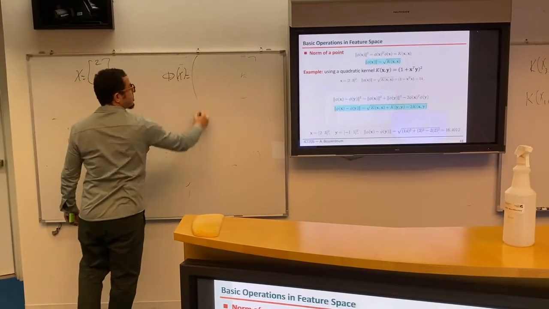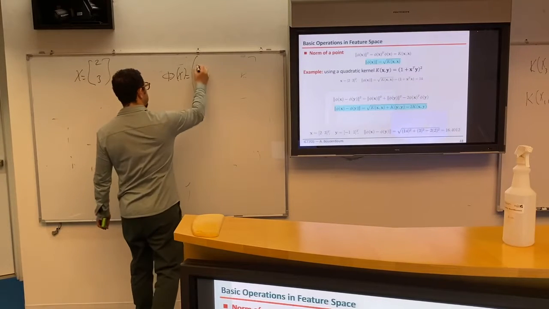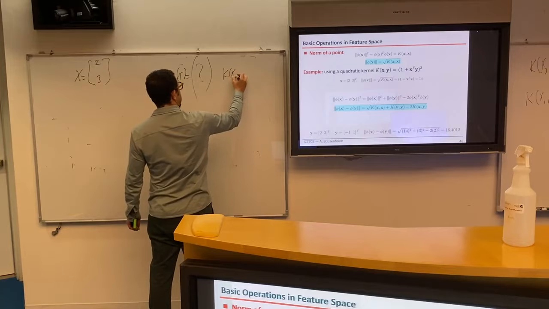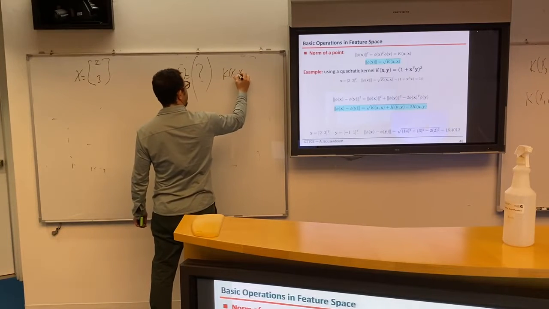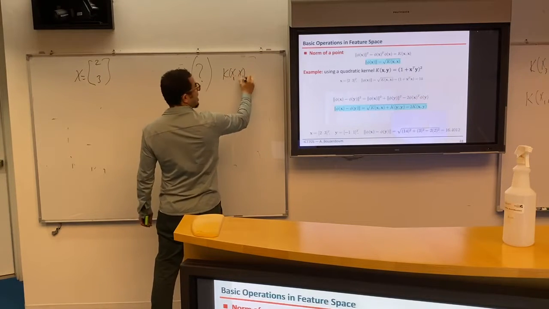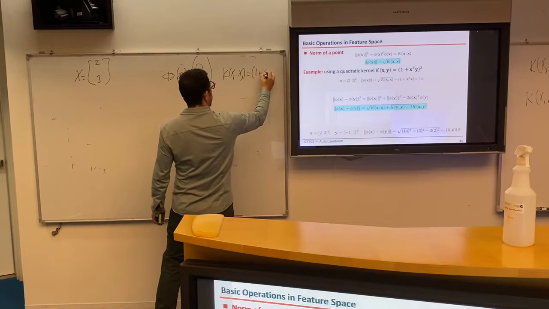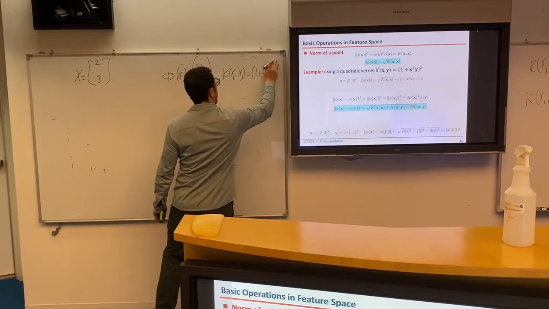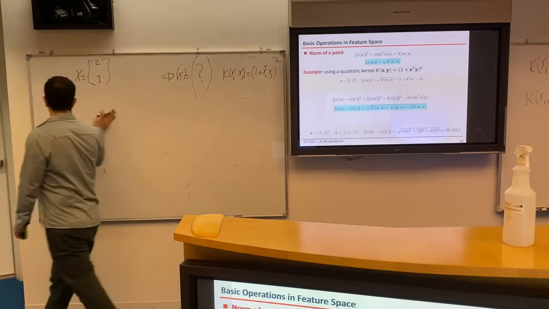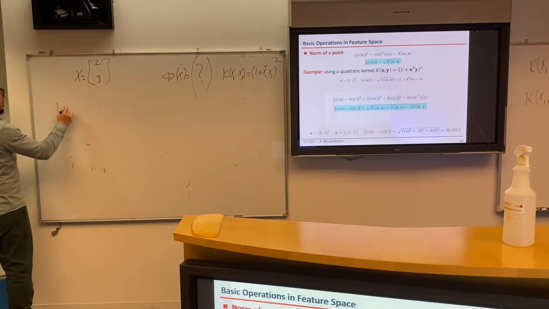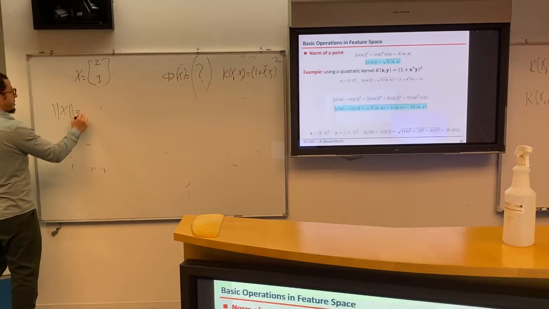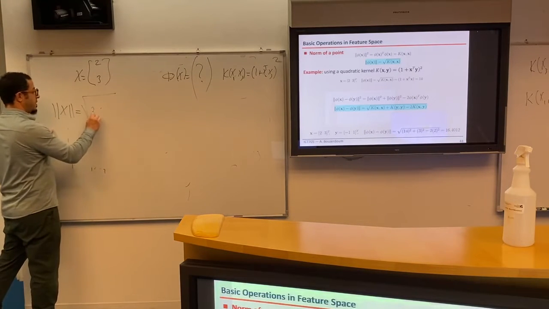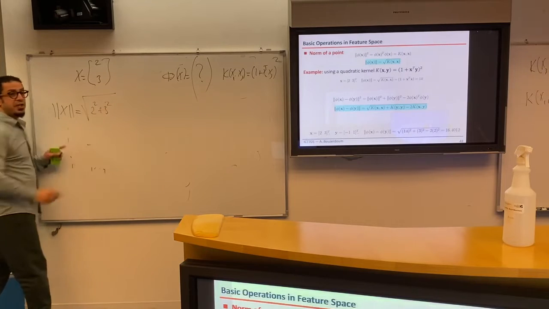What is phi of x? I don't know. What is k of xi, xj? By definition it is 1 plus xi transpose xj, all squared. This is the quadratic kernel, right? So now, if I ask you, what is the norm of x here, please? The norm of x is the square root of 2 squared plus 3 squared, right?